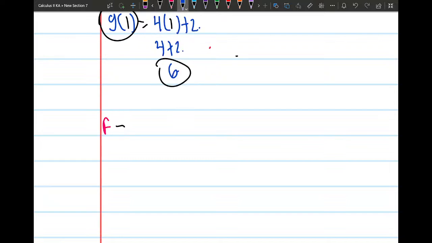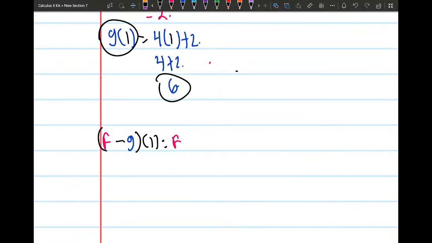That's f of 1 minus g of 1. So, like this.